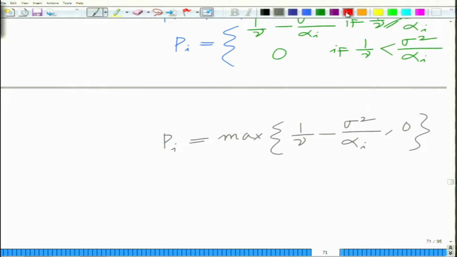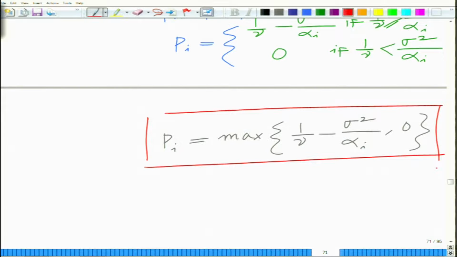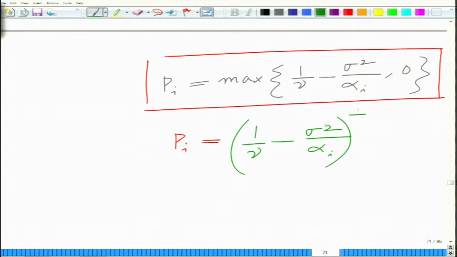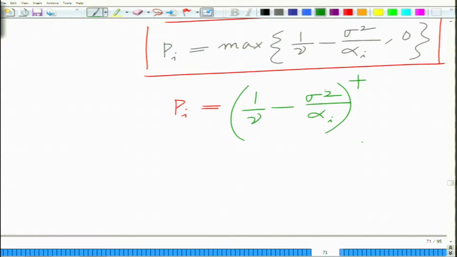So, power Pi equals the maximum of 1 over nu minus sigma square by alpha I and 0, and typically this is represented as Pi equals the optimum power, which is 1 over nu minus sigma square by alpha I, plus, where x plus equals x if x is greater than or equal to 0, and 0 otherwise, or basically if x is less than 0.